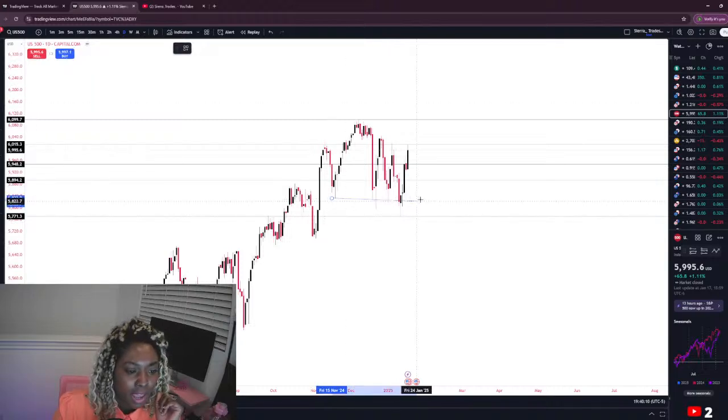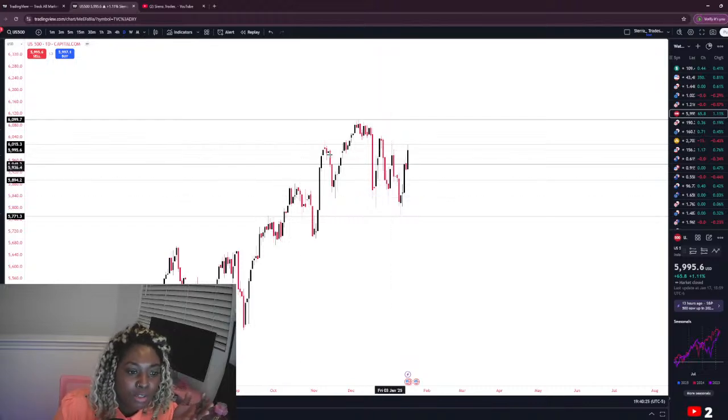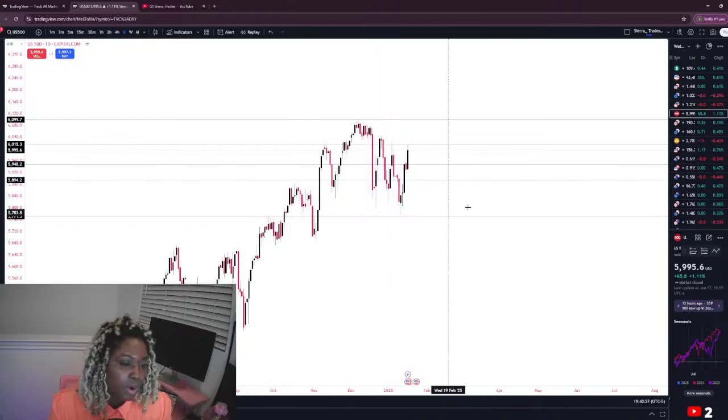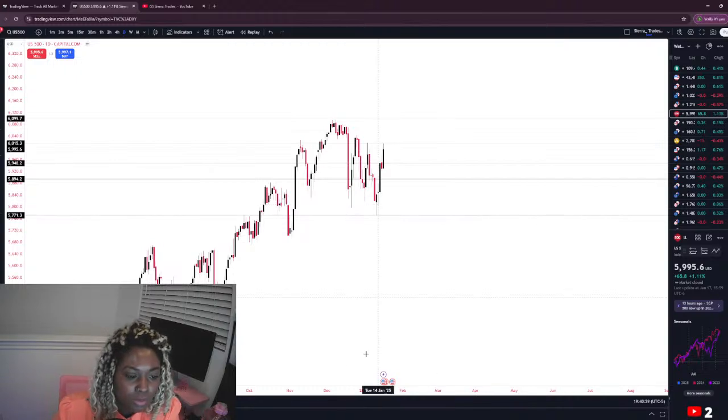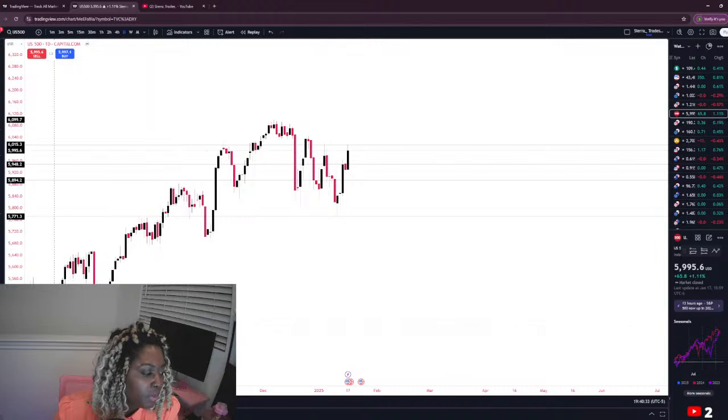Price came below it, but it closed above it. Even this one came all the way down here and then pushed all the way back up, letting you know that it is pushing up. It's having some trouble in this area because it's testing these same areas, but it is indeed trying to move up.